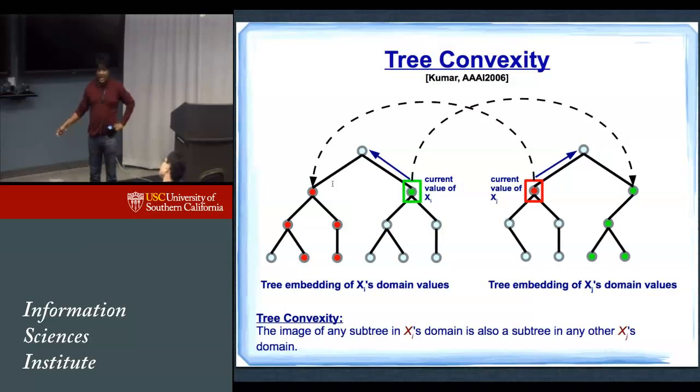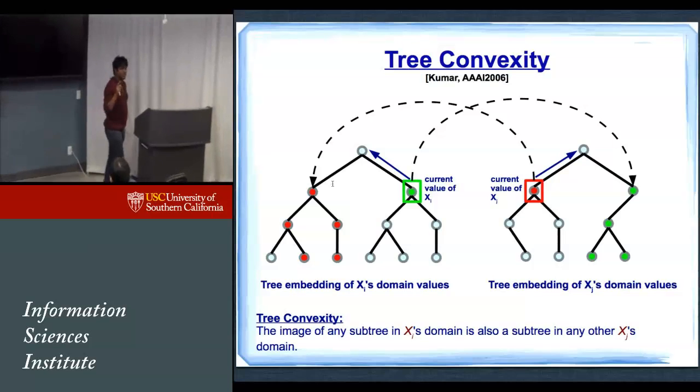And if the image of any subtree in one variable's domain also happens to be a subtree in the other variable's domain, then these kinds of constraints can be solved using the same random walk strategy that we had before, except now I'm going to do a random walk up and down the tree instead of to the left and to the right. And I can still prove the convergence of it in quadratic time.